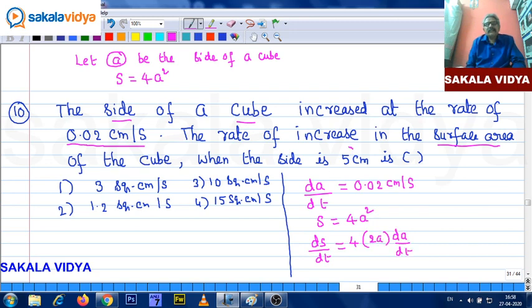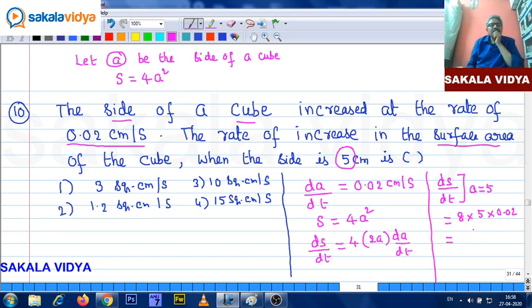So, your side is given 5 centimeters. That means now you need to calculate ds by dt when a is equal to 5. That means 8 into 5 into da by dt, which is given as 0.02. That is actually 40 into 0.02.